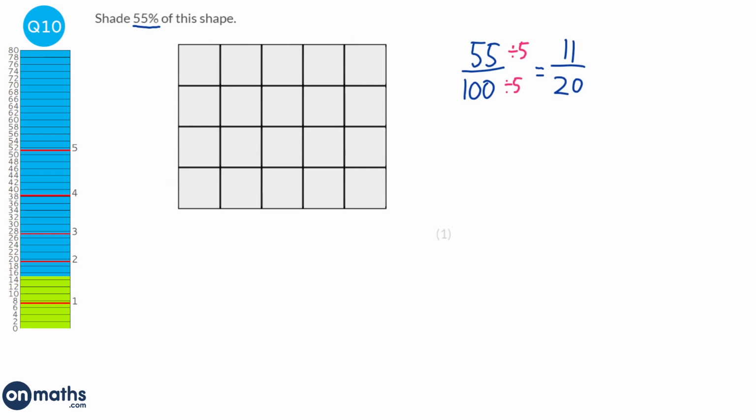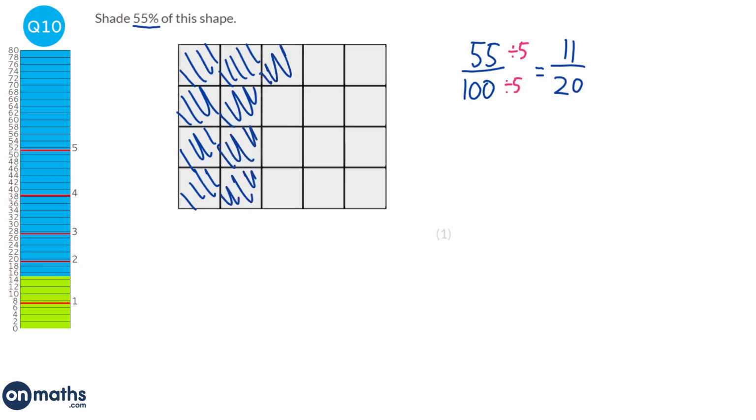And if there's 20 squares and we're looking to shade in 11 20ths, it's just going to be 11 squares. So 1, 2, 3, 4, 5, 6, 7, 8, 9, 10, 11.